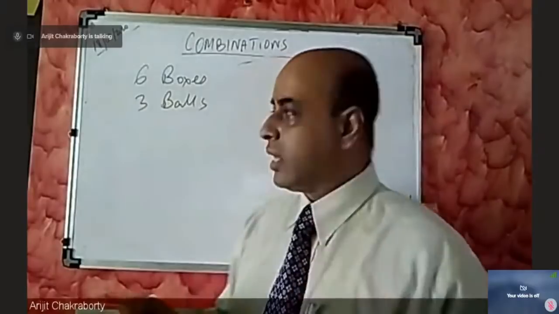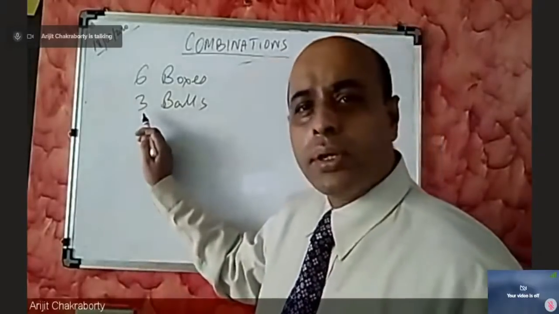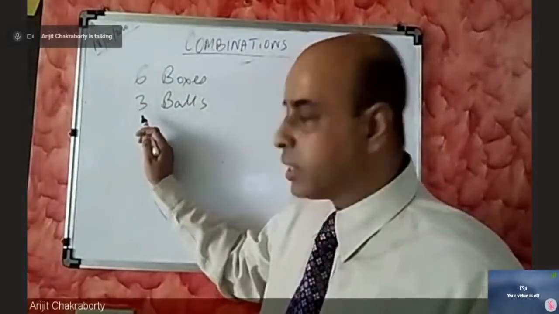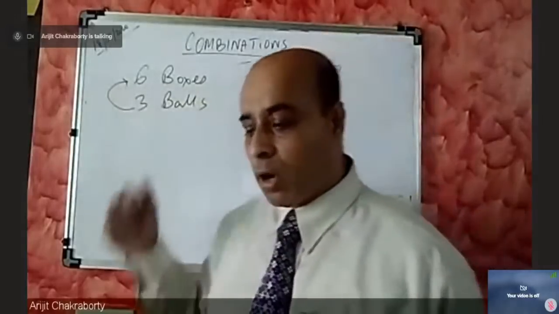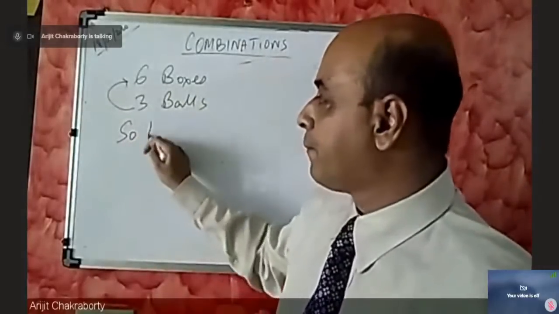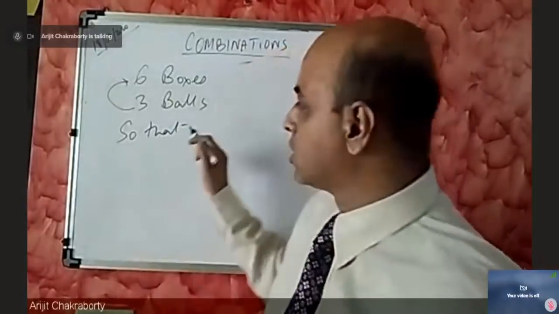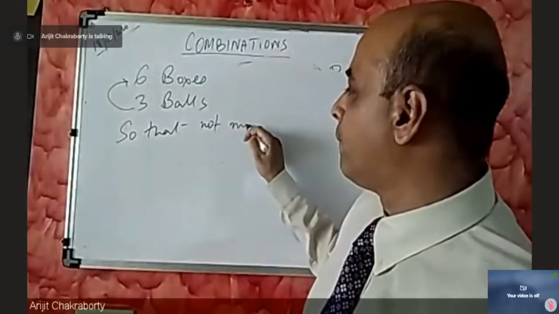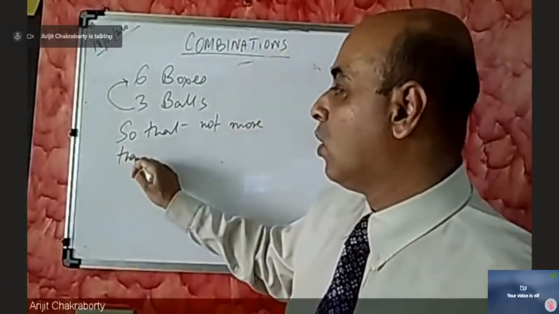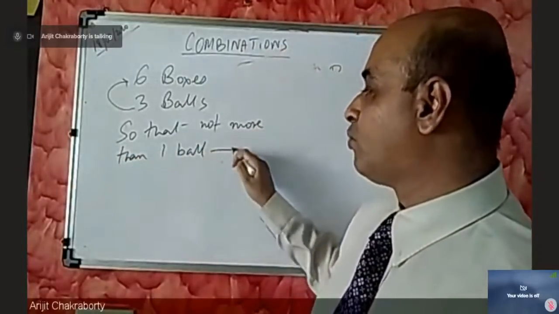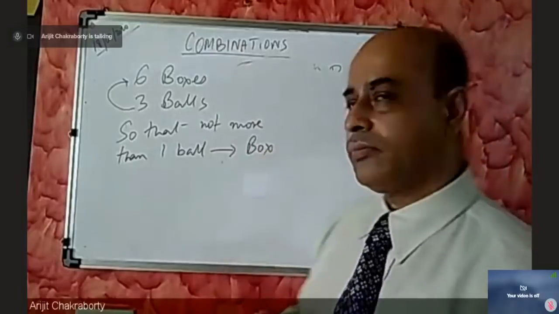In how many ways can you put these 3 balls into the 6 boxes so that not more than one ball will fall into a box?